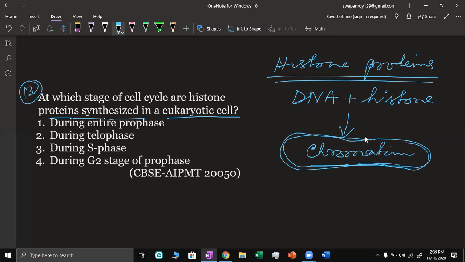Along with the DNA synthesis during the S phase, most of the histones are synthesized, but at the later phase also it is synthesized. So histone synthesis takes place during the S phase only.